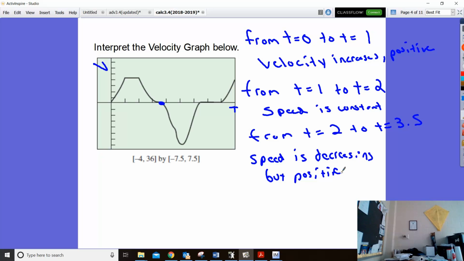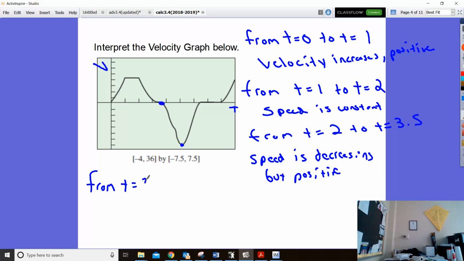Now, in our death example, that would mean that the kid is still gaining altitude. That's what that would mean. If I was driving a car, that means that I just haven't stopped yet. Okay? Still moving forward, just haven't stopped. We'll call that 5.